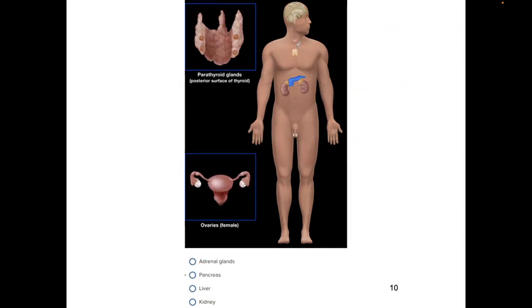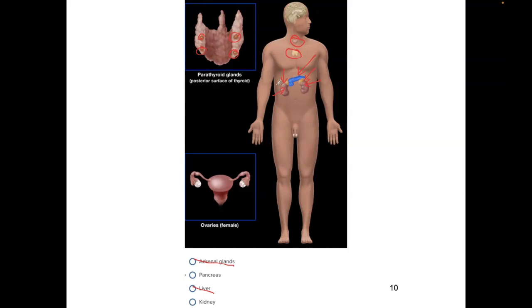Okay, in this picture, it's showing the thyroid, and behind the thyroid, we see the parathyroid glands. We're looking at the thymus. Here are the kidneys, and above them, the adrenals. So we know that we're looking at the endocrine system, but what is the gland? So it's not the adrenal gland.